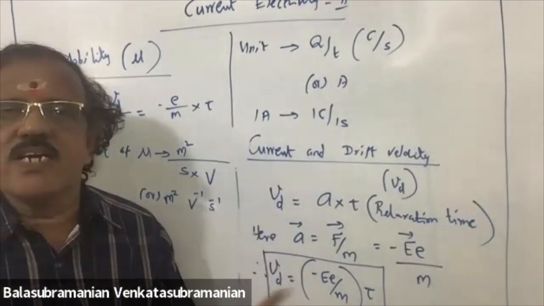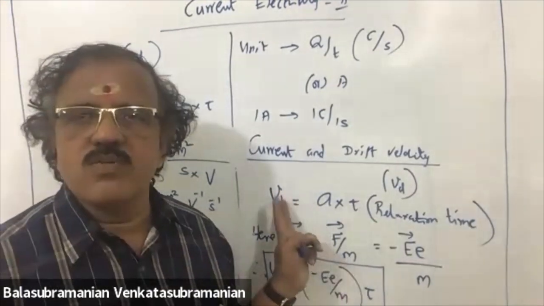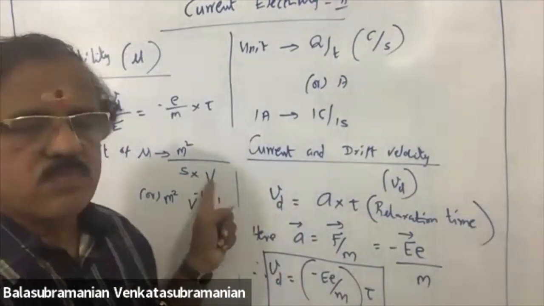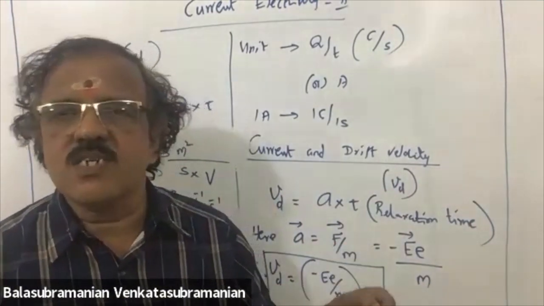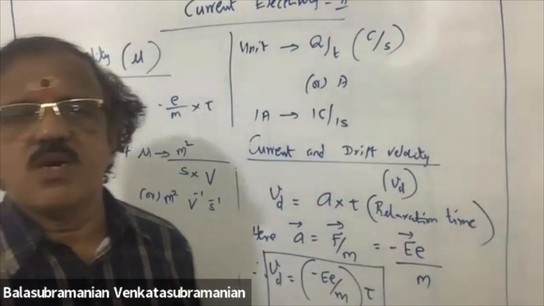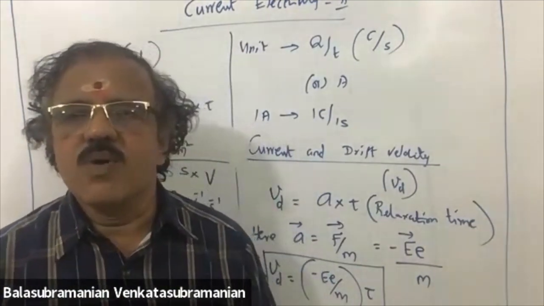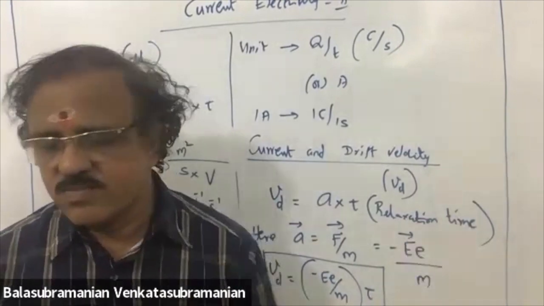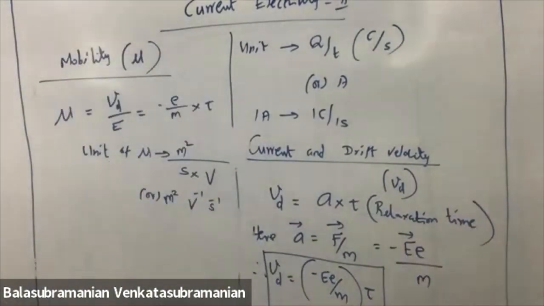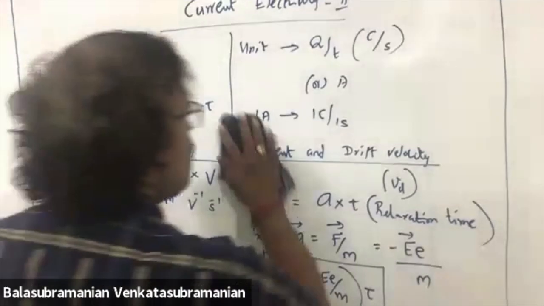You can very well write in terms of Newton per coulomb also. Okay. So this is drift velocity and mobility of the electron moving in a wire when subjected to external electric field.